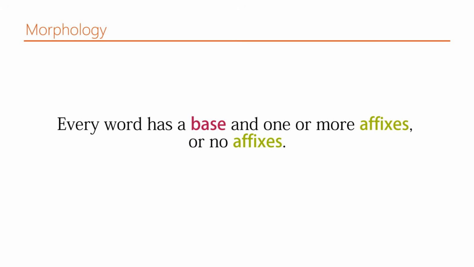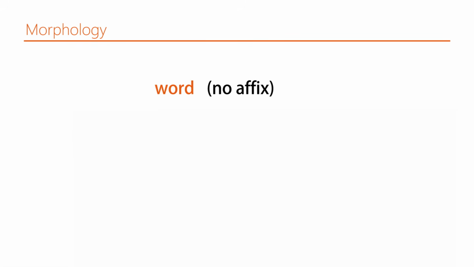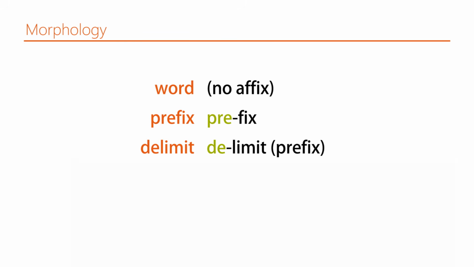Every word is made of a base and 1 or more affixes, or 0 affixes. So the word "word" contains no affix, but the word "prefix" has the affix "pre" plus the root "fix". And the word "delimit" has "de" as an affix, which is a prefix.